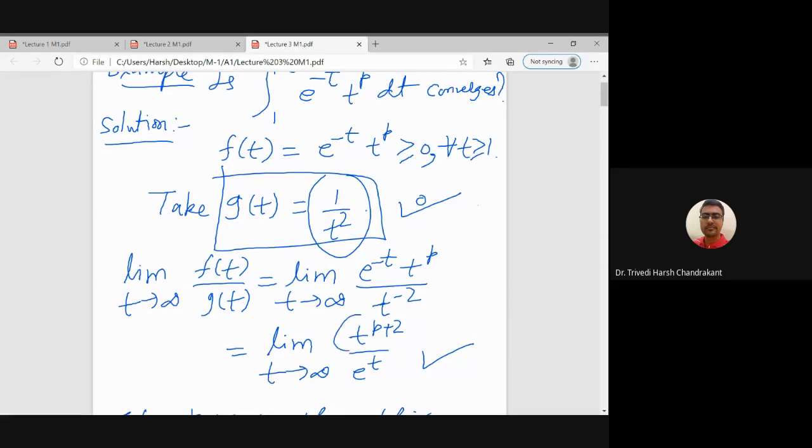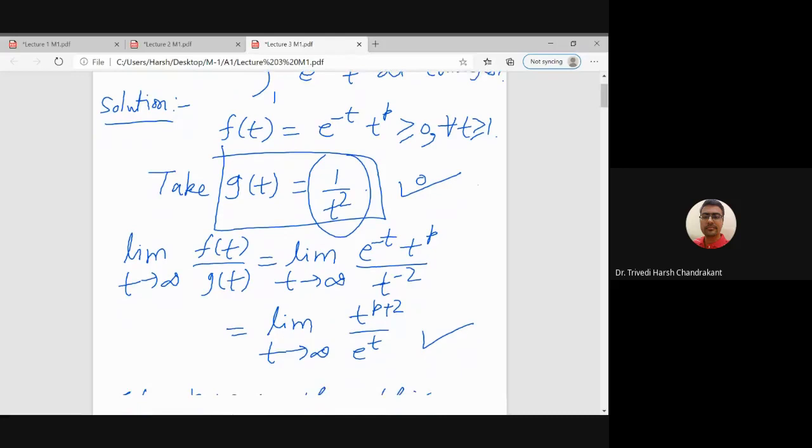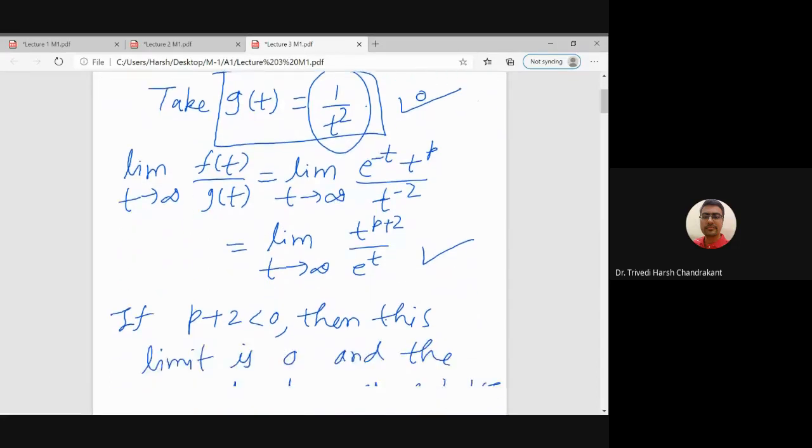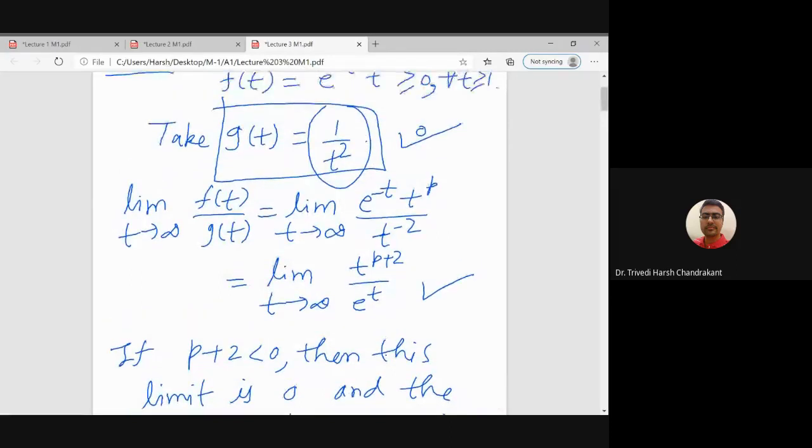So now the power is t power p plus 2. Now if we find this limit, as t tends to infinity, we know that e power t goes to infinity.